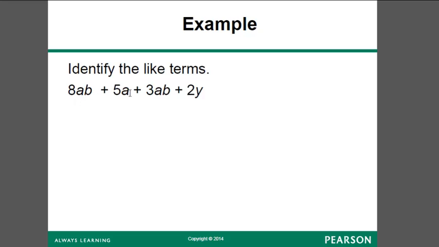This term has only an a. This term has an ab. And this term has a y. The only terms that are alike, or considered like terms, are the 8ab and the 3ab. These are considered like terms.